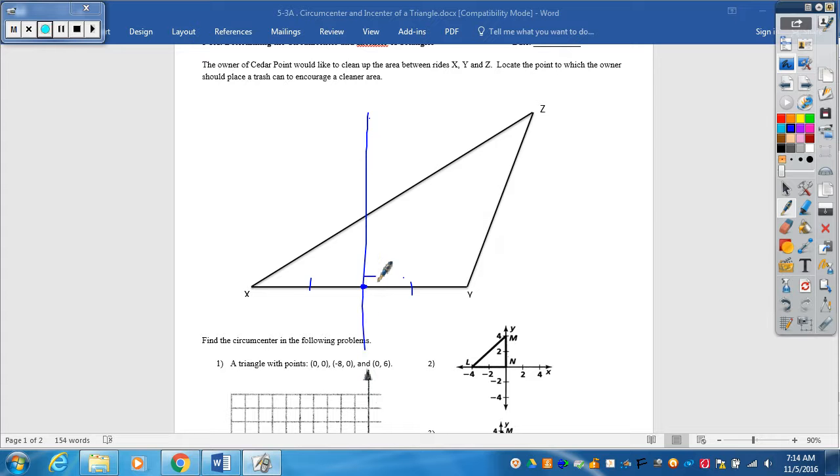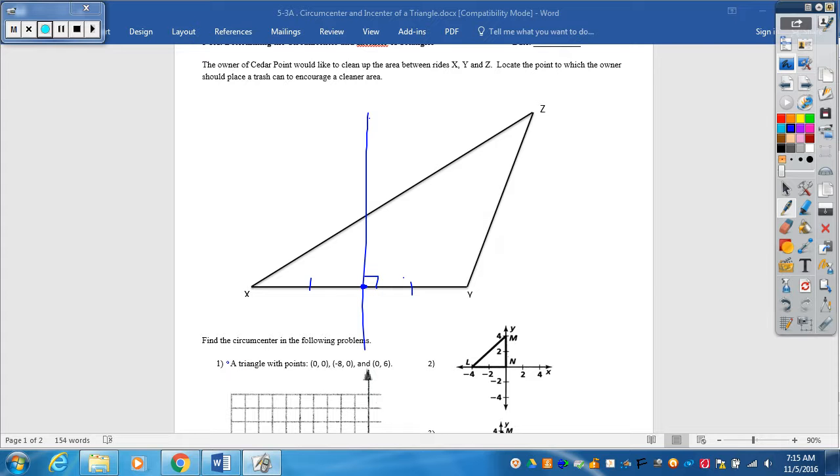Okay, but that line right there, any point along that line, remember, is going to be the same distance from X as it is from Y. So if I'm down here, same distance from X as it is from Y. So as of right now, if your point that you estimated is the same distance from all 3 points, it should be somewhere along this line right here, okay? So that's something that we should probably put into play.